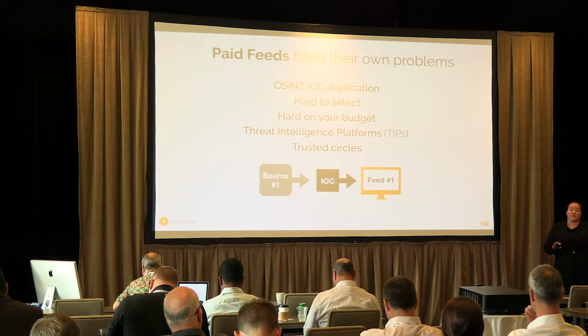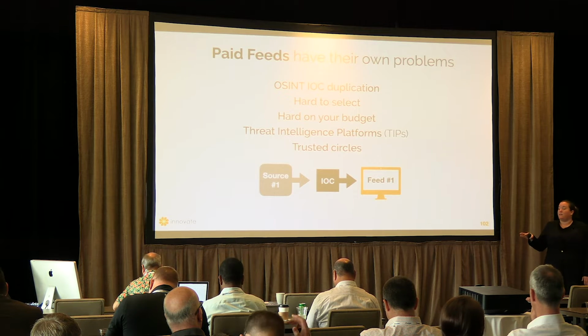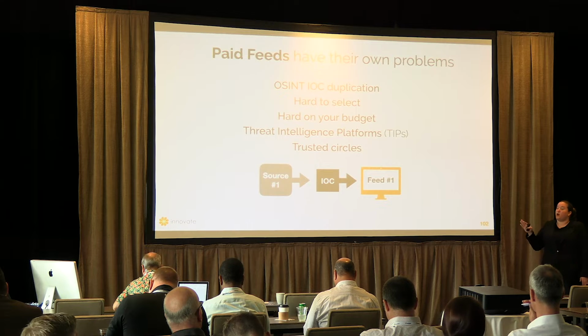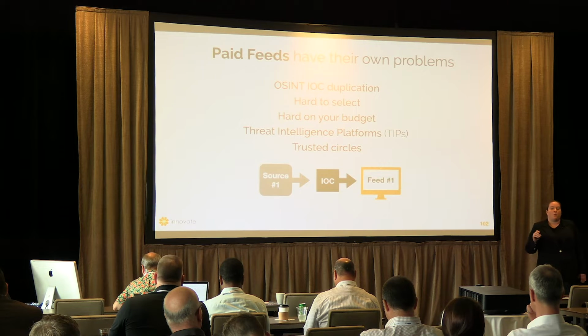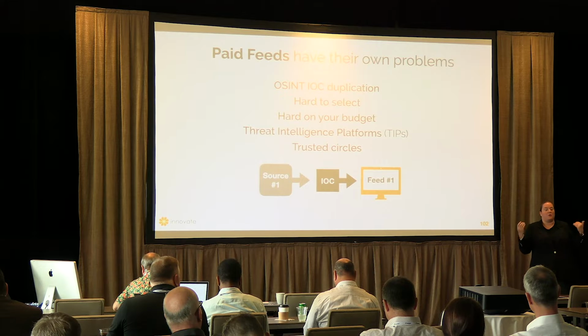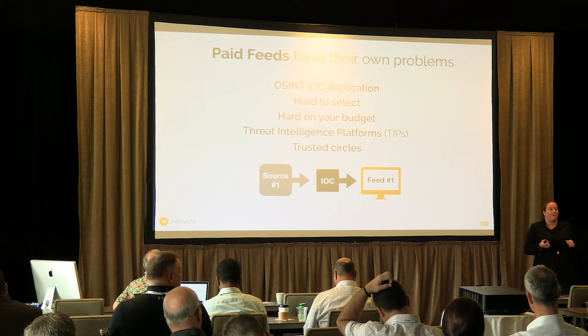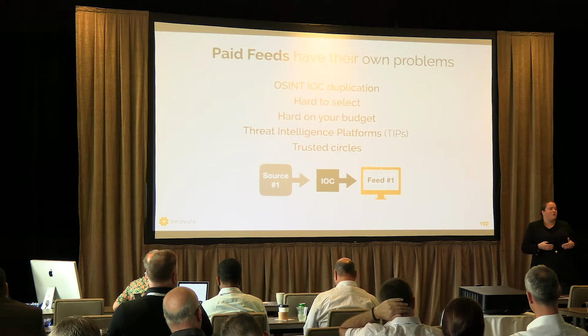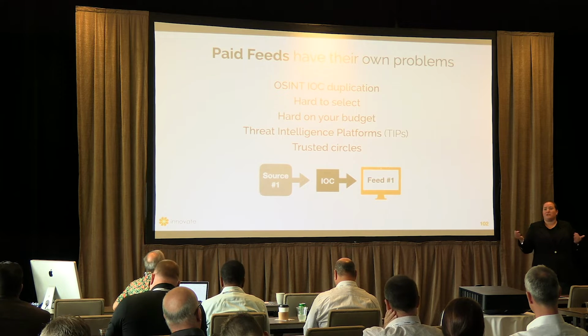So one thing to look at though, if you are purchasing one of these types of feeds, is that OSINT IOC duplication. What you can sometimes find is they'll charge you an exorbitant amount for a paid feed, and it's actually just being fluffed out with VirusTotal information, stuff that you can get from abuse.ch or some free source. You're essentially paying for stuff that you can get free somewhere else.